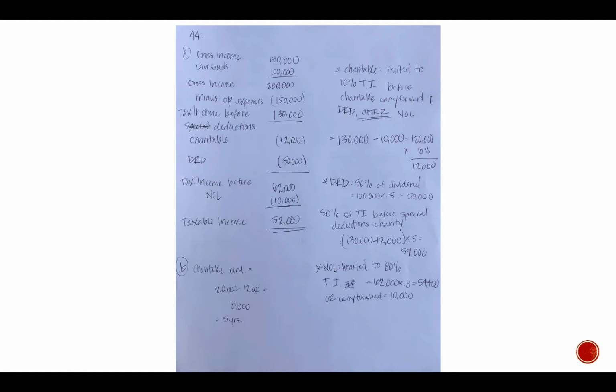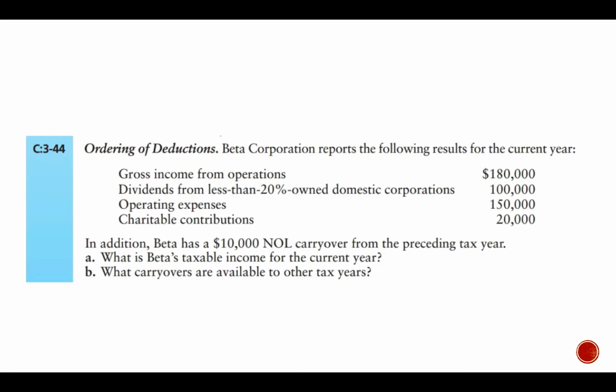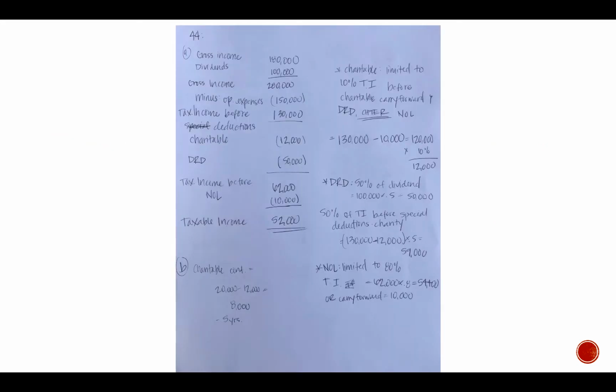In our sequencing, the next thing we do is the dividends received deduction. So we need to look at how much we own of this corporation. It says we own less than 20%. So we know the 50% limit is going to apply. So we look at 50% of the dividends or 50% of taxable income before special deductions after charity.